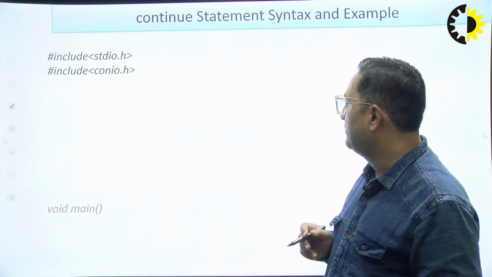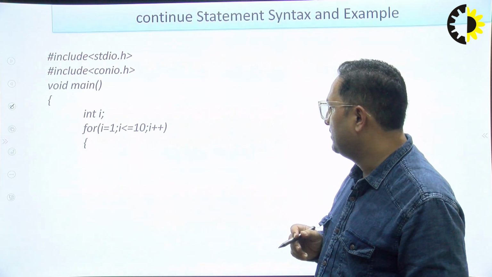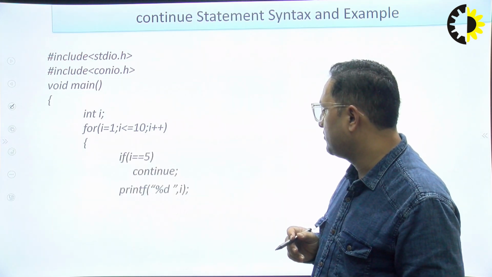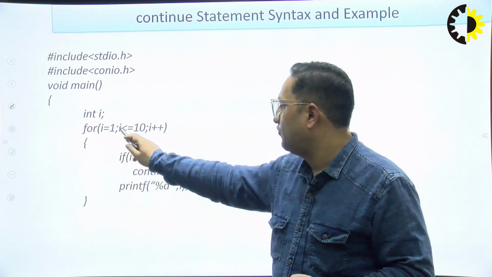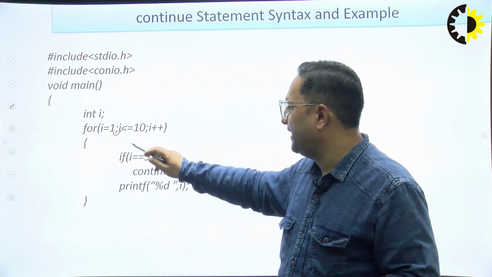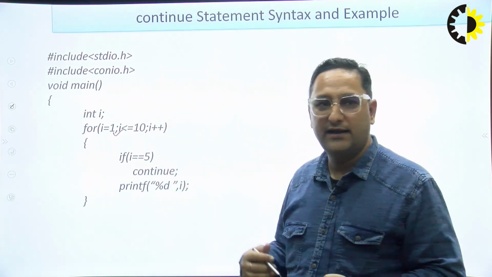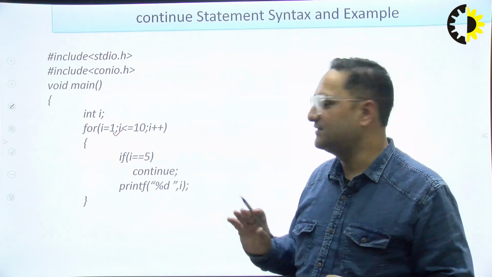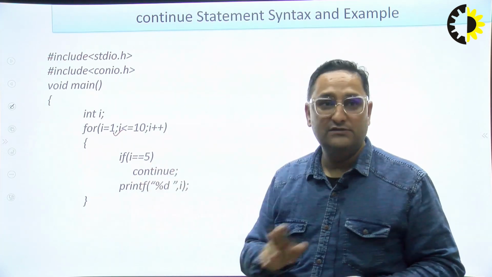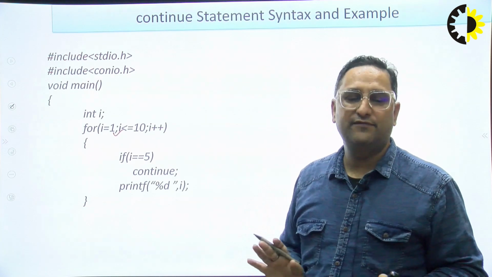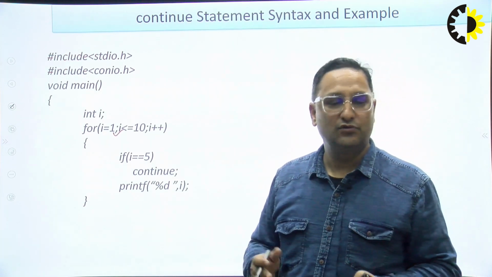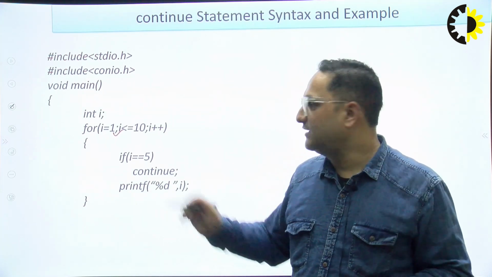So with the help of this example, we can again understand continue. So what is happening here? Again, the intent was to print from 1 to 10, but at the same time we have decided that if the number is 5, don't print 5. For the rest, till 10, we have to print.